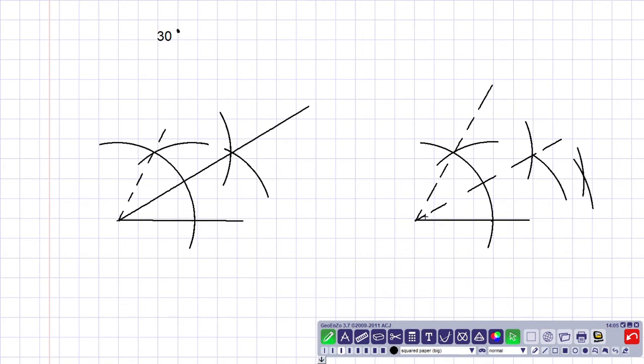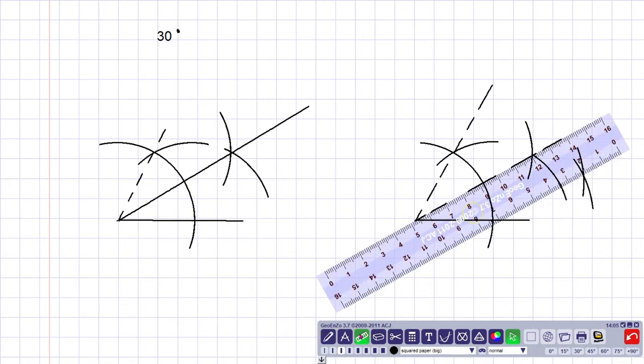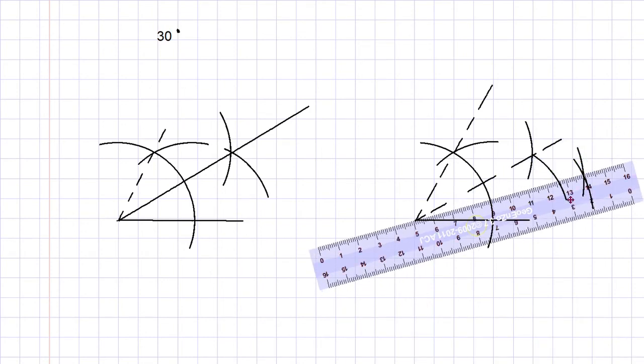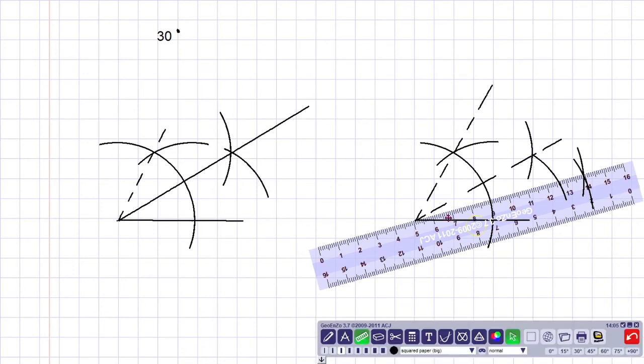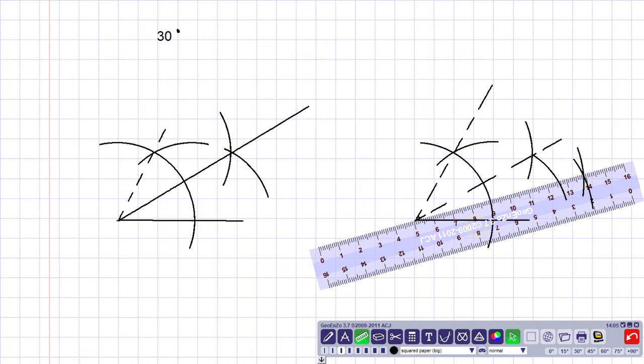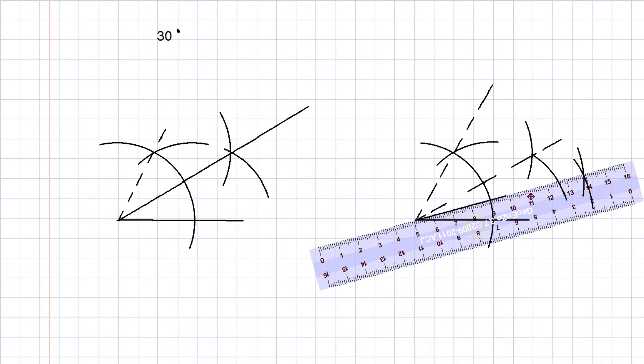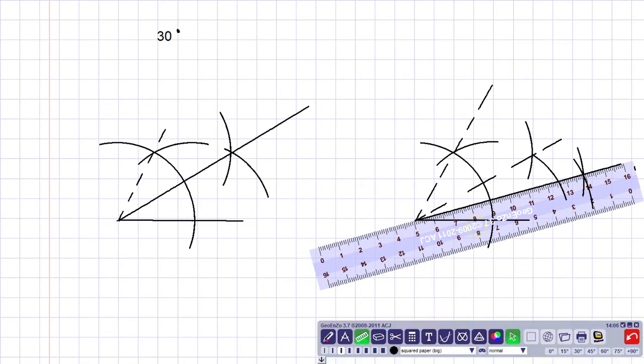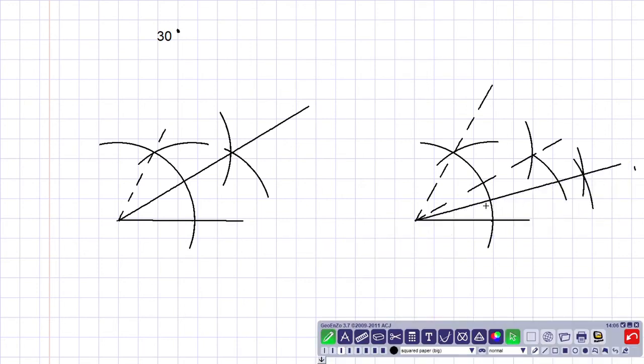Join this crossing point and this point using ruler. So this is our 15 degrees angle. Here to here, this angle is 15 degrees.